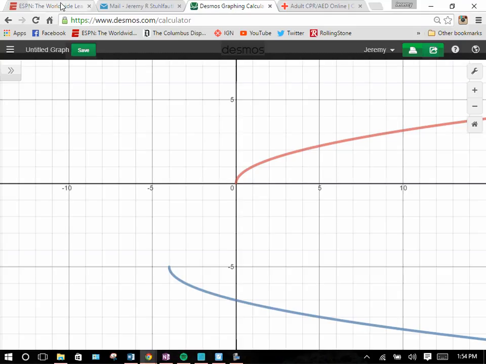I'd probably start with reflected first. And then you move it down. How do you work that?